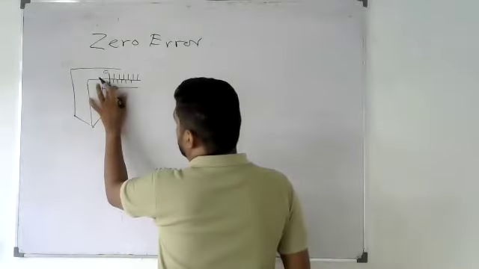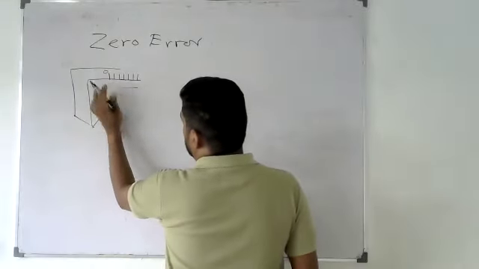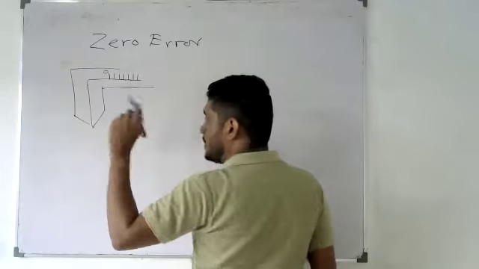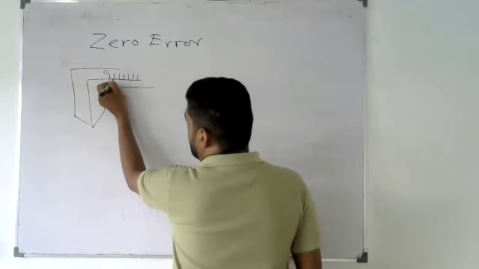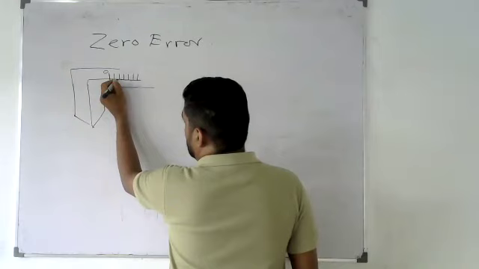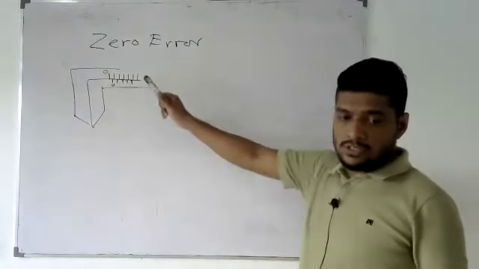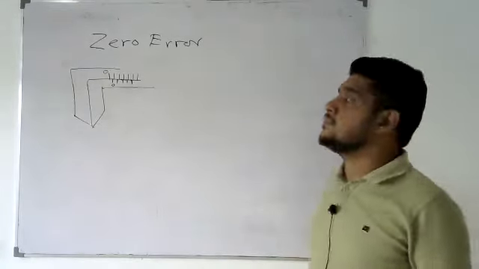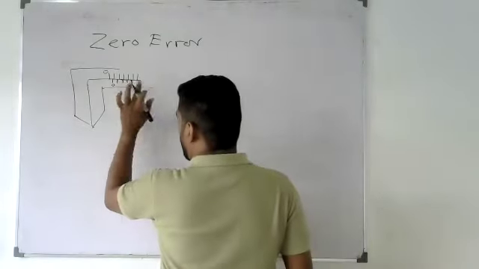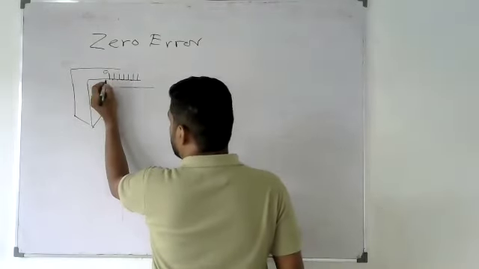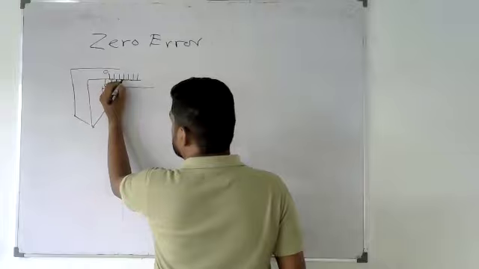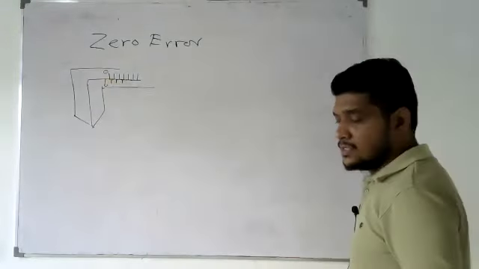Zero error එකක් තියෙනවා කියලා කියන්නේ it can be positioned like this, or it can be positioned like this. ඒ කියන්නේ මොකක්ද?